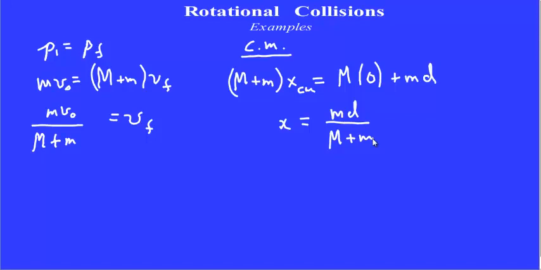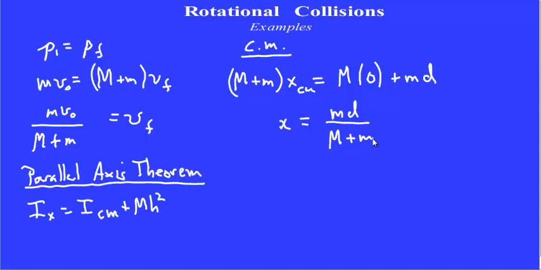The next thing we need to do is determine the new moment of inertia of the rod putty ball system, because it's now rotating around a new axis that's not at the center of mass of the rod. So let me set that up. I'm going to call that new moment of inertia I sub x. Now we can look up from the book that the moment of inertia of a rod about its center is 1/12 ml squared.